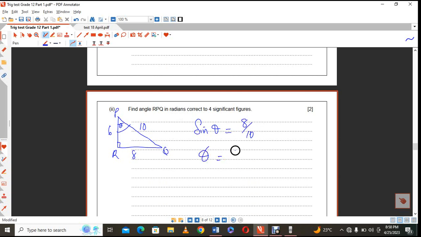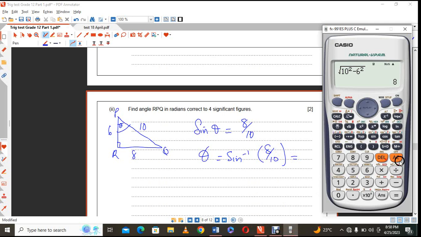And that angle then is going to be, and you have to use this when you are trying to find an angle. So you say it's in radians, so you say inverse sine of 0.8, or 8 divided by 10. Let's rather stick to 8 divided by 10, and that should give us our angle.